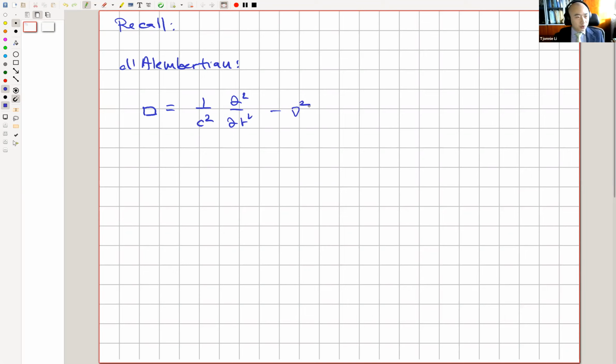Okay, and so using the D'Alembertian, you can write down in a compact form the so-called wave equation. And so let me ask you to remember what the wave equations are for the electric field in this case. You remember?